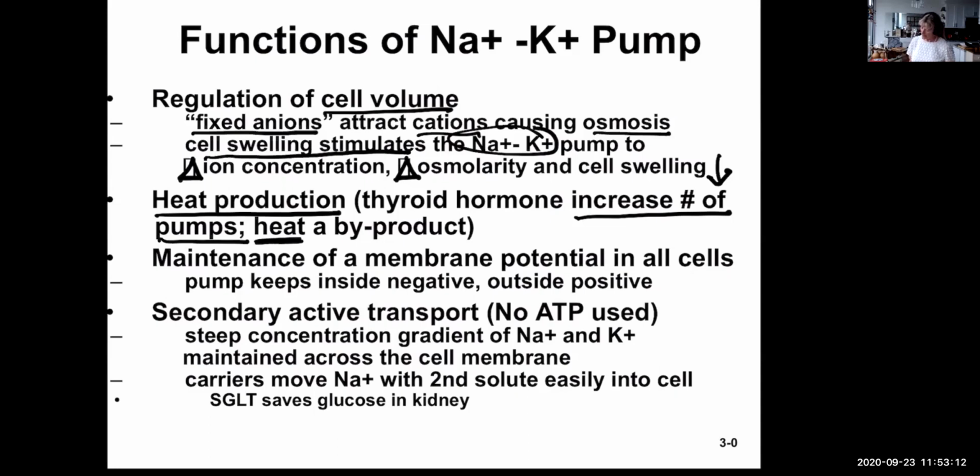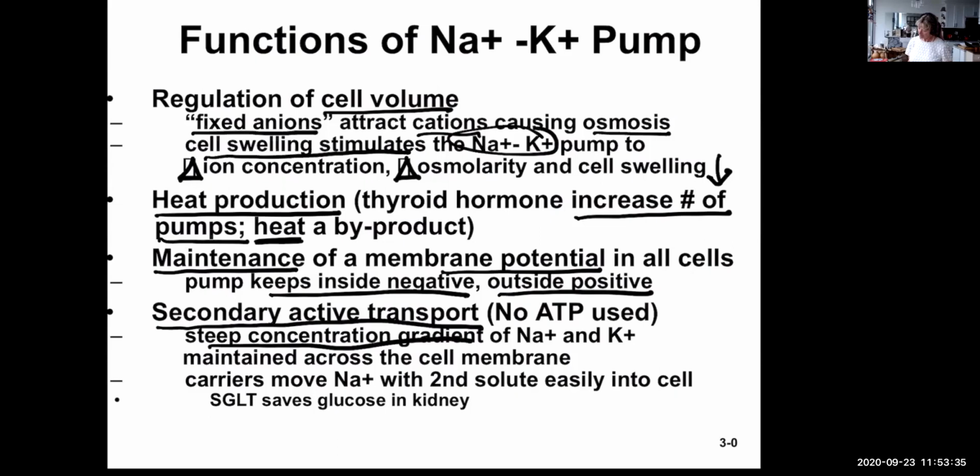Another function is the maintenance of membrane potential. It keeps the inside negative and the outside positive. Also, there is secondary active transport due to this difference of concentration, a steep concentration gradient.